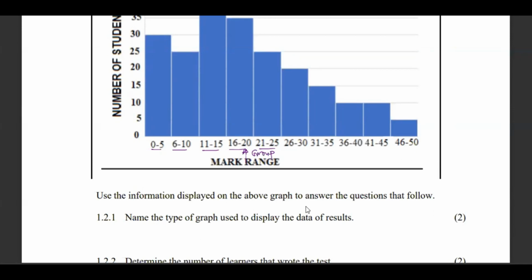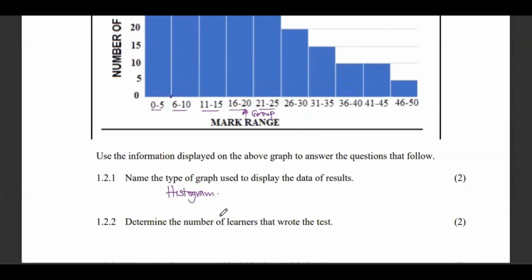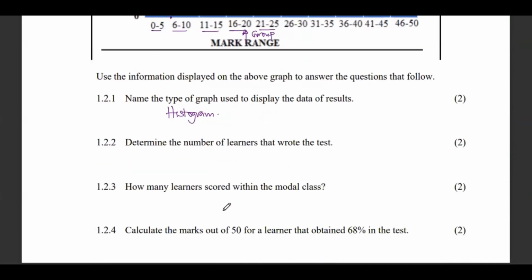So from 0 to 5, 6 to 10, 11 to 15, then we go on and on. Since the space is not that big, this one becomes a histogram. It's a histogram, not a bar graph, but a histogram.